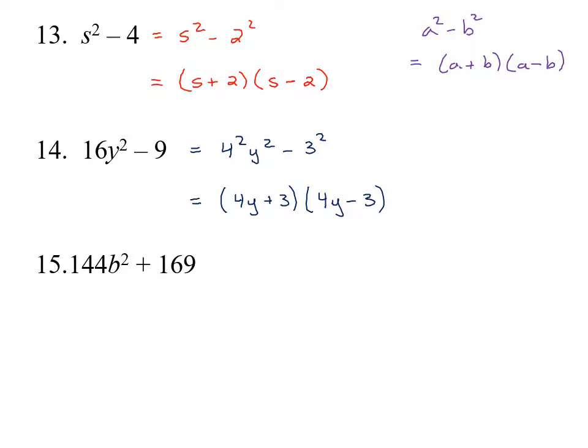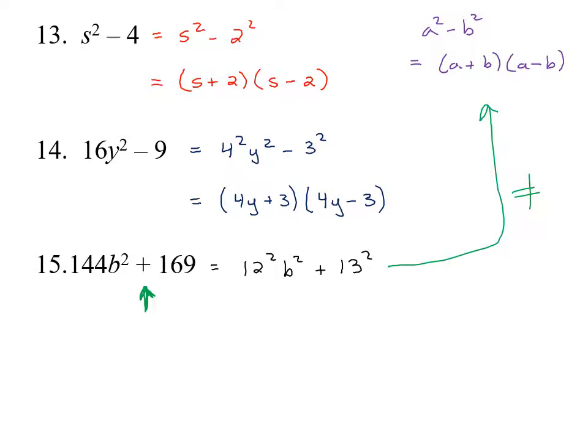Now there is no rule. Notice this one has a positive sign right here. There is no rule that has squares on it that has a positive. You are able to write this as 12 squared b squared plus 13 squared. But this does not match that rule up there because it has to have a minus sign between it.